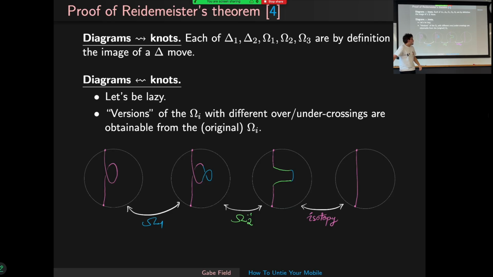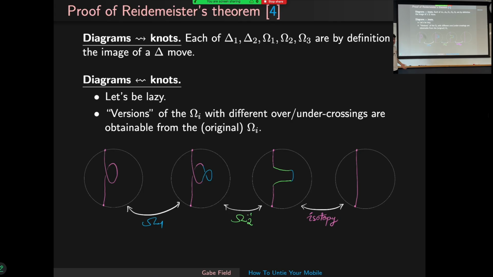For example, this one where I had the opposite sort of over-under for this omega-1 crossing, I can do a real omega-1 over here, and then I get this kind of 2 overlinked strands, sorry, 1 strand over another sort of configuration, which I can undo with the Reidemeister 2 move, and isotopy is enough to get it back to a nice straight segment.